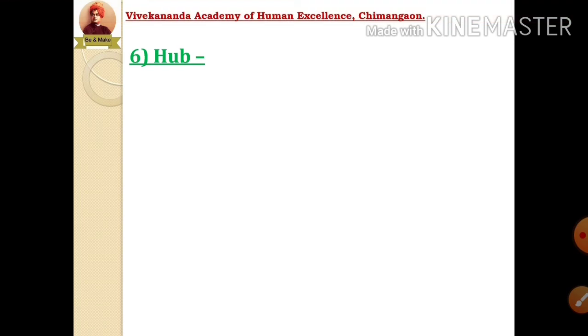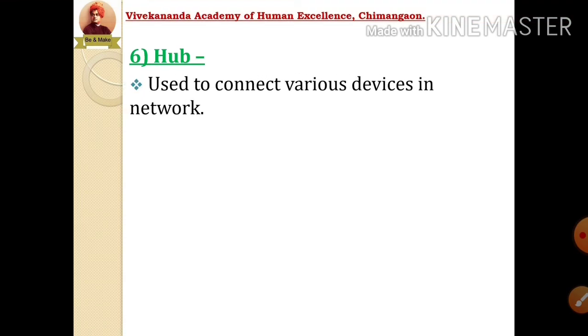The next component is hub. This component is used to connect various devices in a network. It transmits data or information to all the devices which are connected to the hub. So hub is a central device or the main part which actually transmits the data from one computer to another computer.